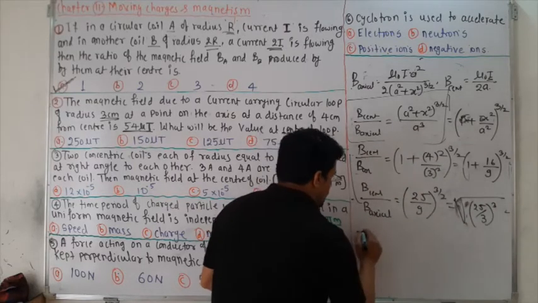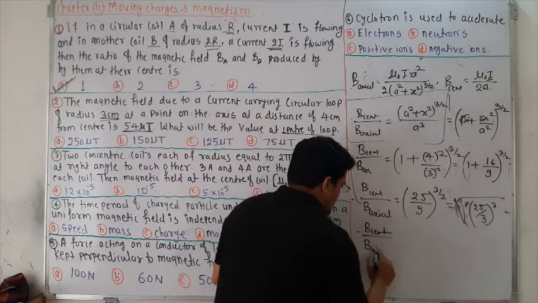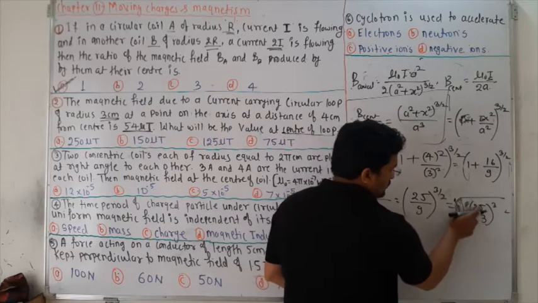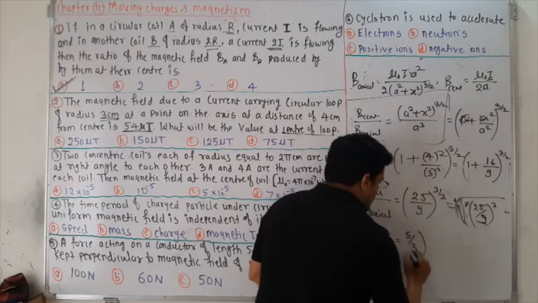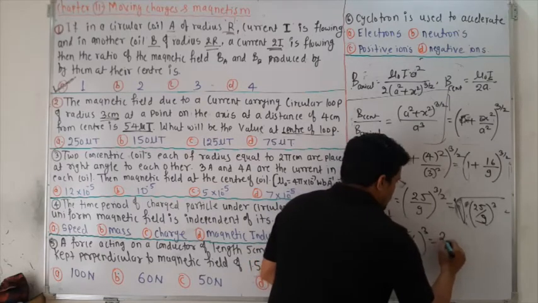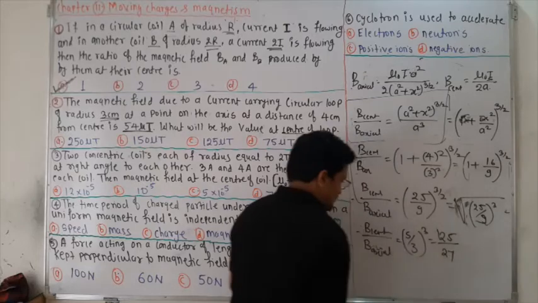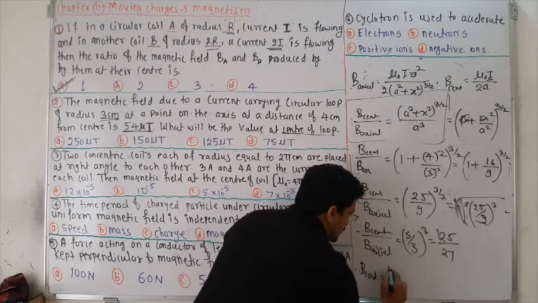Square root of 25 and 9 becomes 5 by 3, and then cube of this becomes 125 divided by 27.